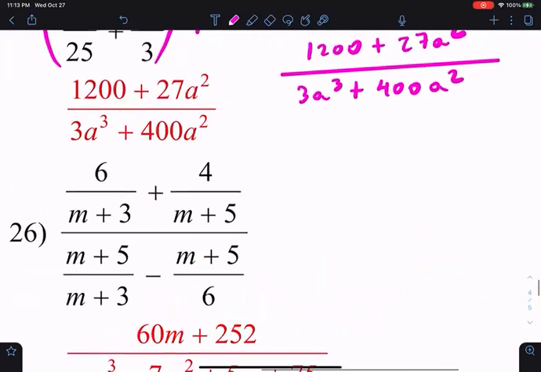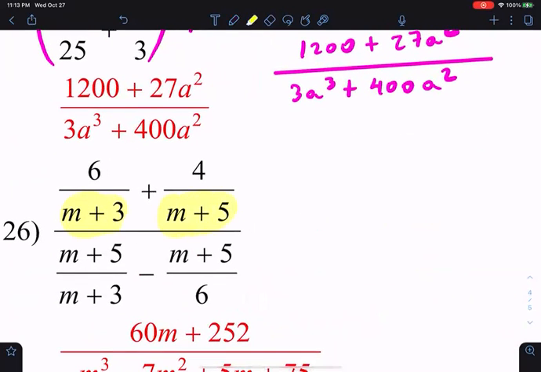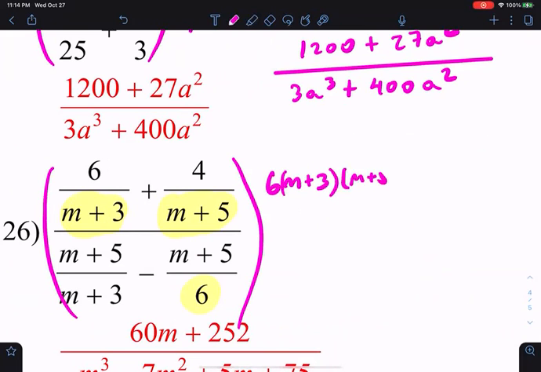So what is common denominator here? Well, it's going to be this together with that and with the 6, right? So we need to multiply 6, m plus 3, m plus 5, and then on the bottom we do 6, m plus 3, m plus 5, okay?